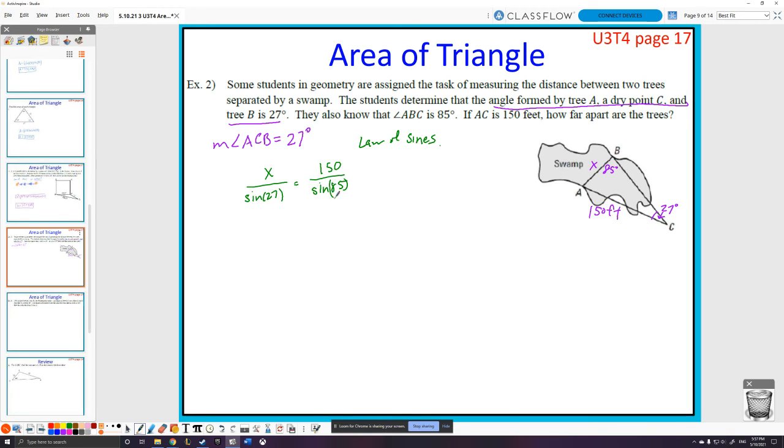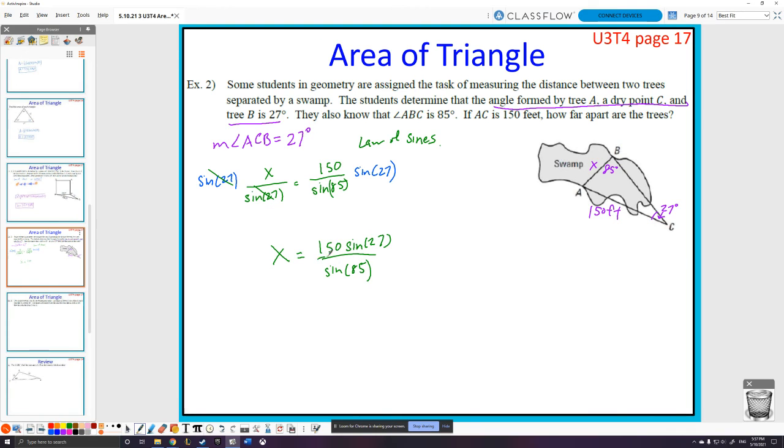The reason I like doing this is because now all I got to do is multiply by sine of 27 on both sides. And I don't need to go through the process of cross multiplying, right? Because if I cross multiply, then I got to divide again later. In this case, that cancels. I'm just going to have x equal to directly 150 multiplied by sine of 27 divided by sine of 85.